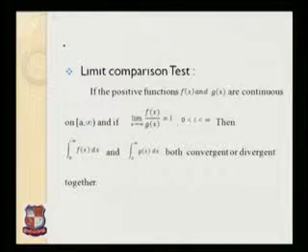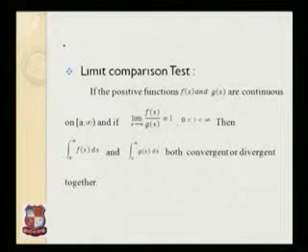So this limit comparison test wants to tell us that we can choose any function g of x whose convergence or divergence is known, and if the limit as x tends to infinity of f of x upon g of x is equal to L exists, that means the limit of the ratio exists, then we will say that both integrals converge or diverge together.